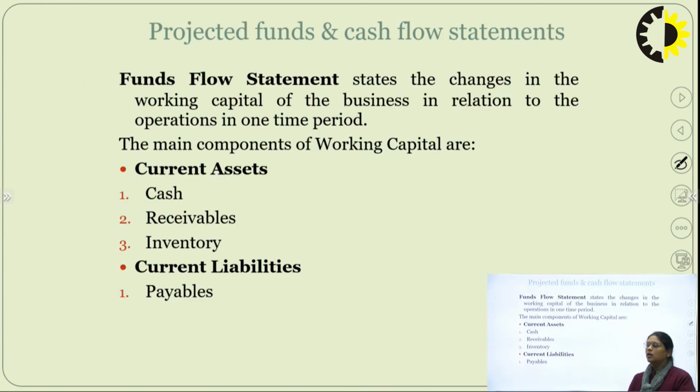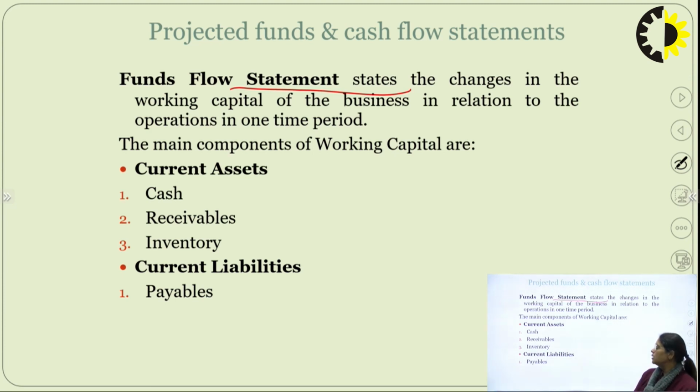Now the third category of financial statement is the fund flow statement. So what is a fund flow statement? It states the changes in the working capital of the business in relation to the operations in one time period. Working capital of the company may be calculated on the basis of current assets and current liabilities.